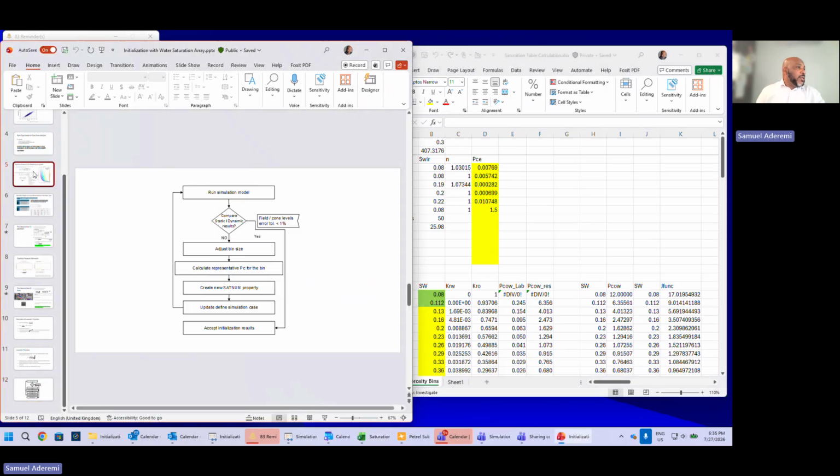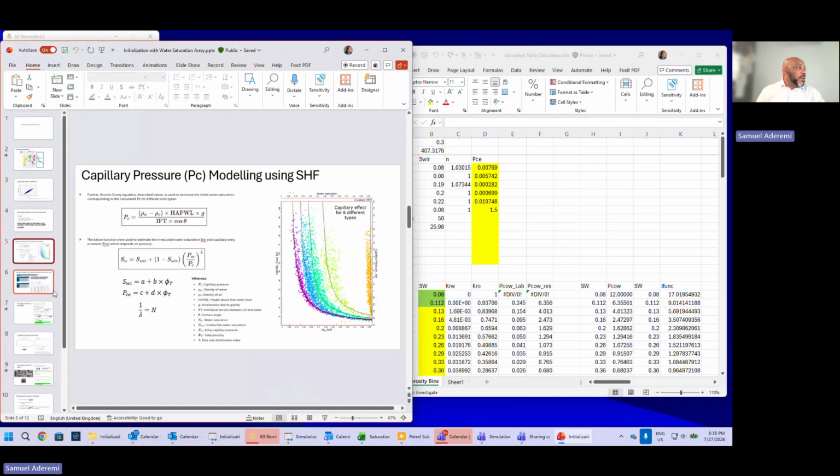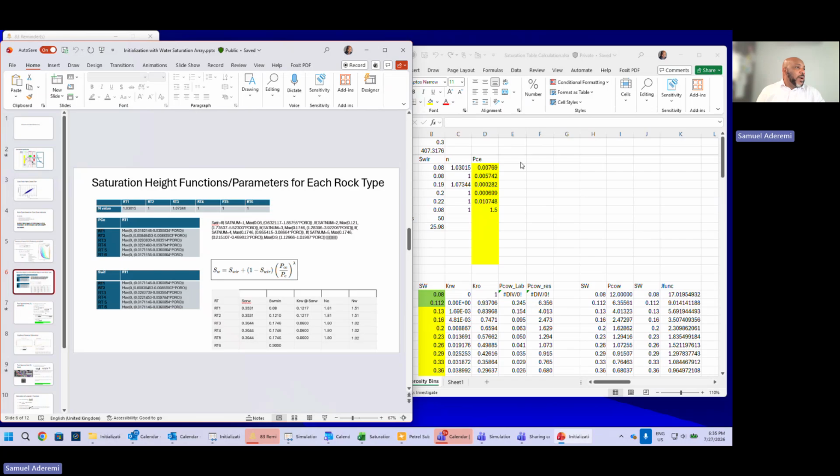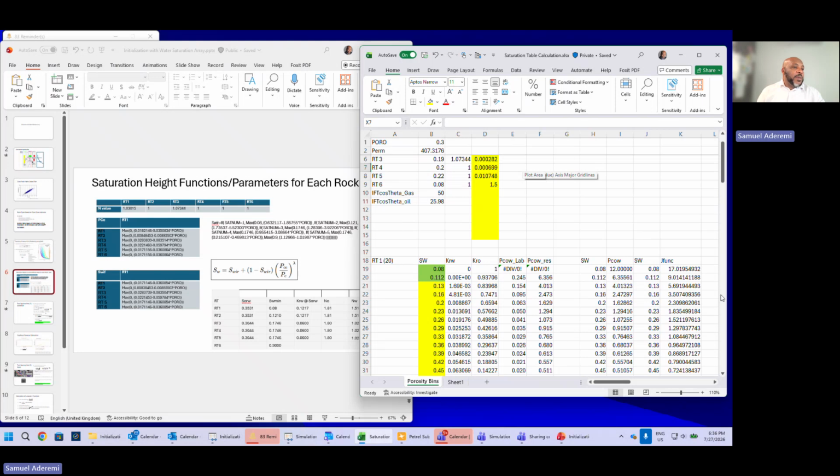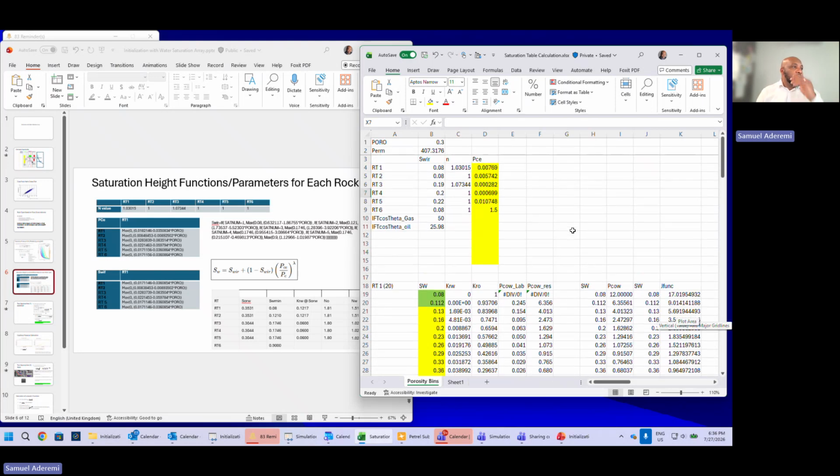If you have all the parameters, you have the 6 rock types here, and you want to calculate either the capillary pressure or the J-function, which is not difficult at all. Let's assume the average porosity for rock type 1 is 0.3, and the permeability based on the expression is that.